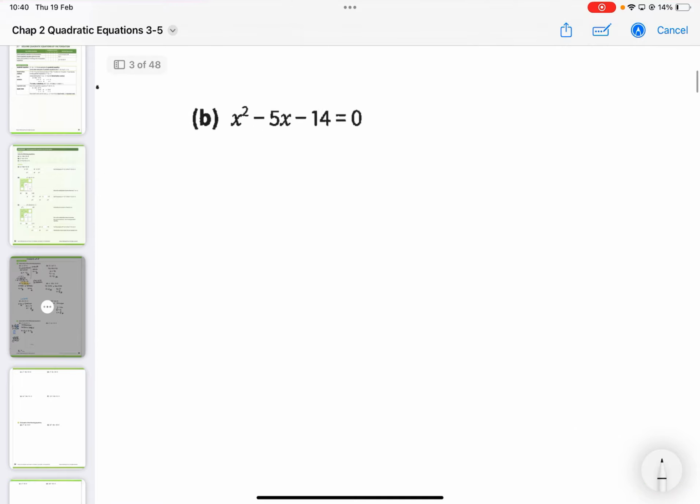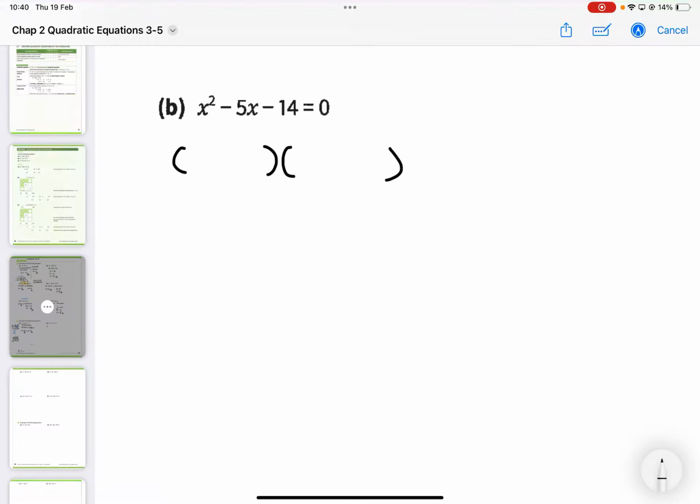Okay, you try B first. Let's go, try B. Okay, same, we want to break it down into the factors. So now your job is finding what are these two factors.